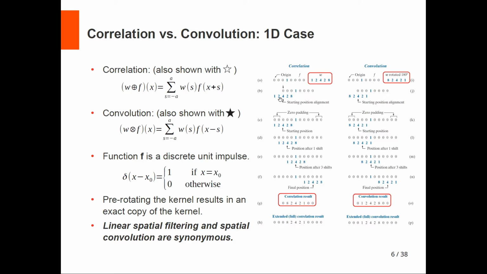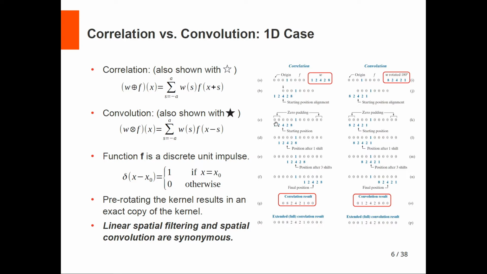To avoid that, one of the common ways is to zero pad the image so we don't have any undefined operation. Since two elements of the kernel fall outside, when we align the center with the first pixel, we add two zeros and then we calculate the element-wise multiplication.